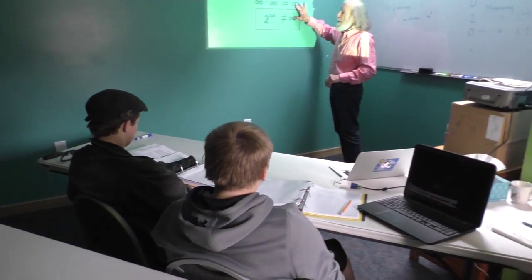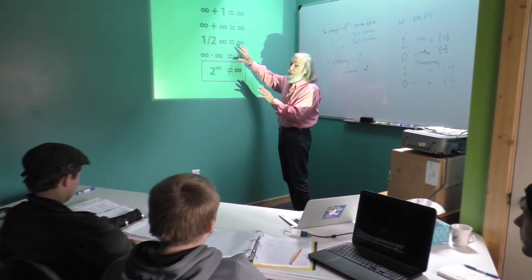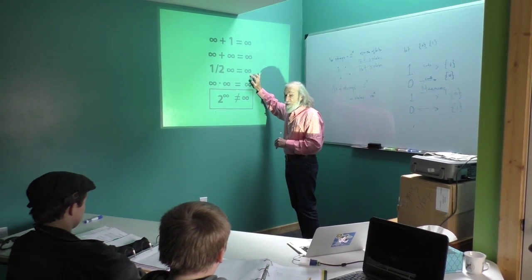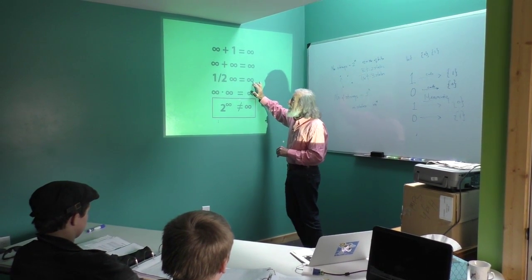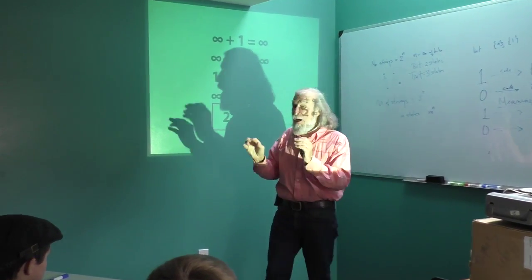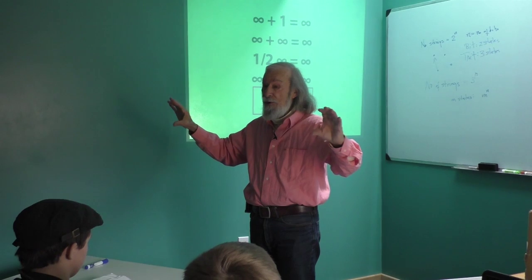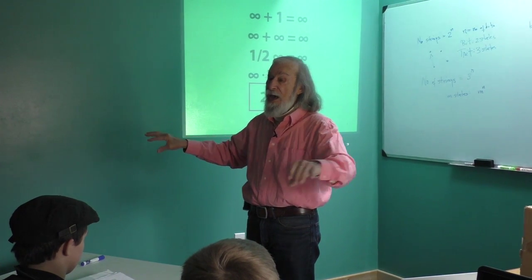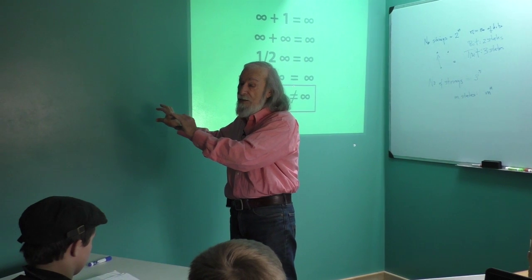And I apologize because this is so cartoonish, but infinity is not a number. It's a concept. And when I say a half of infinity is equal to infinity, what I mean is a half of the countable numbers is still the same size set as the countable number set itself.